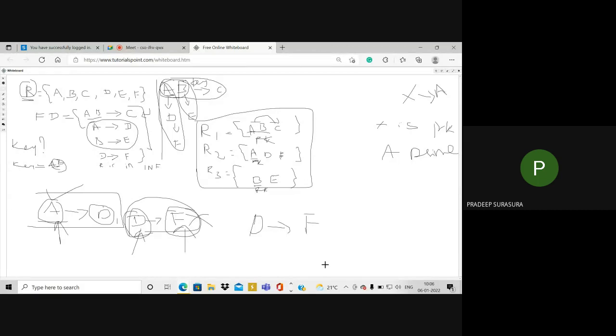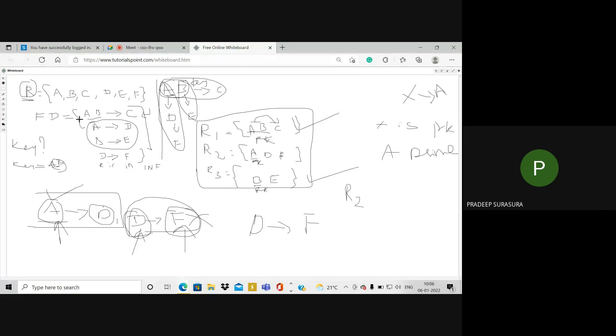So how do you normalize this? When you are normalizing, R1 and R3 satisfy third normal form, so they remain the same. In R2, the FD D determines F is violated.